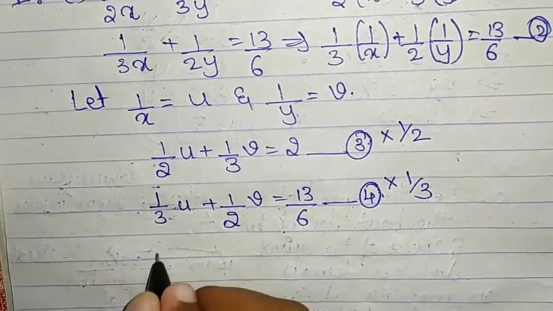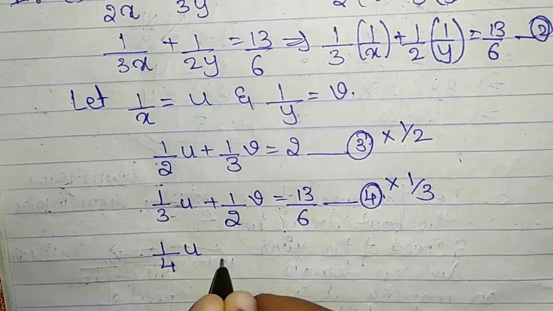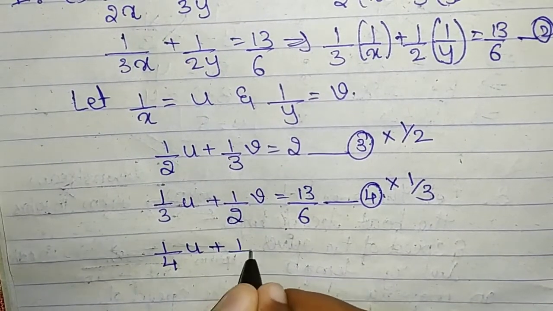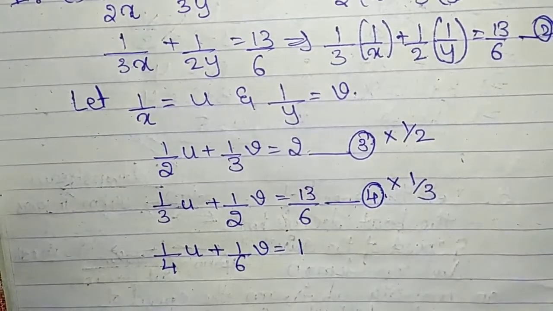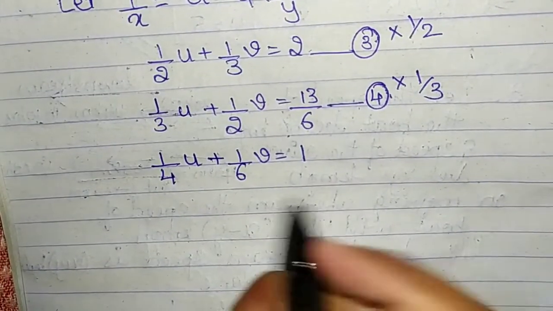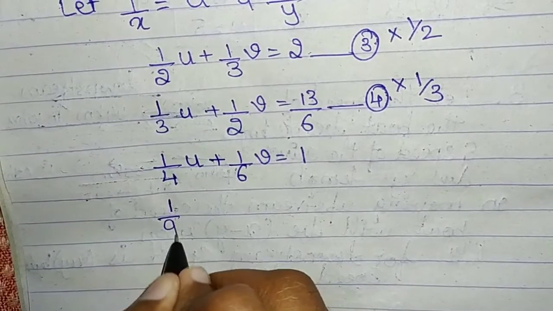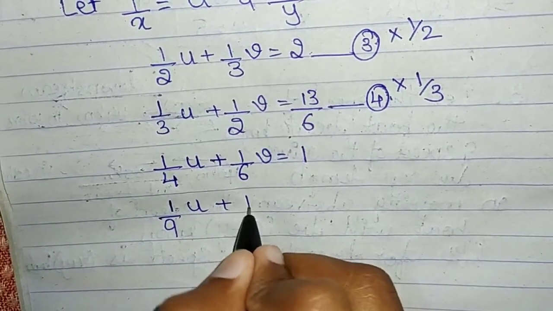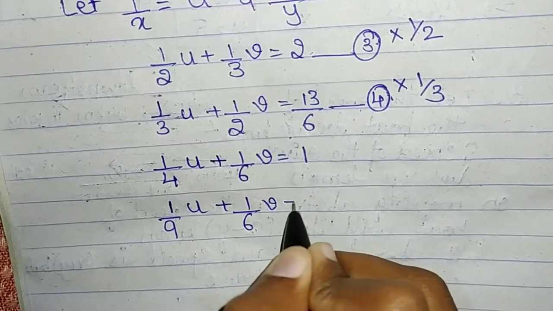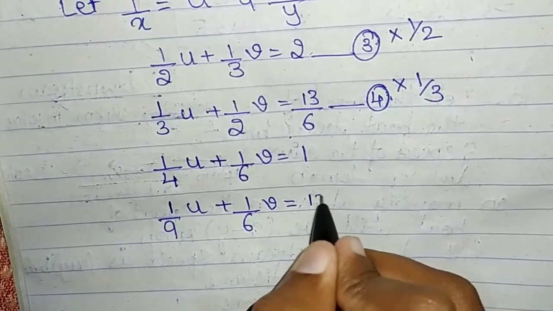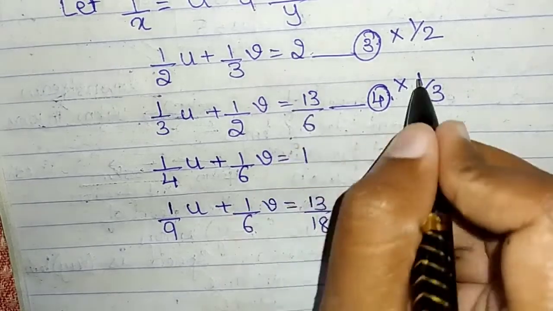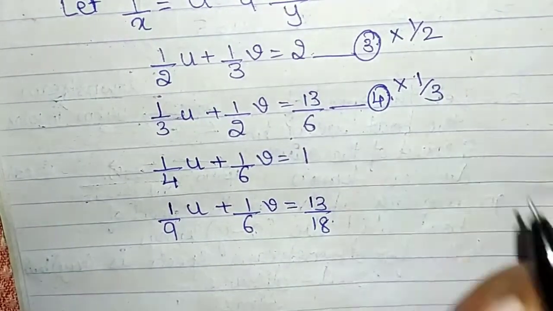So we will get 1 by 4u plus 1 by 6v is equal to 1, 2 into 1 by 2, 1. And 1 by 9u plus 1 by 6v is equal to 13 by 6 into 1 by 3, we will get 13 by 18. 13 ones are 13, divided by 6 threes are 18.